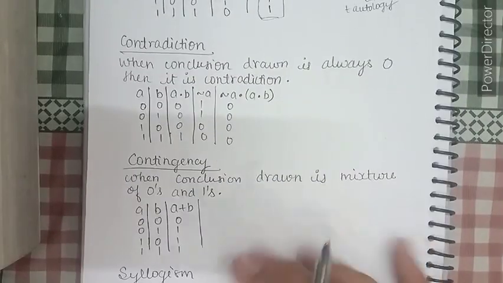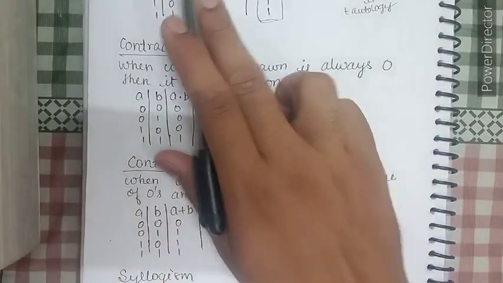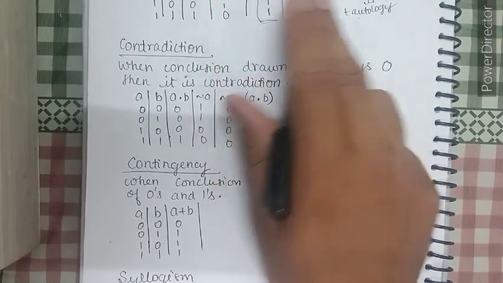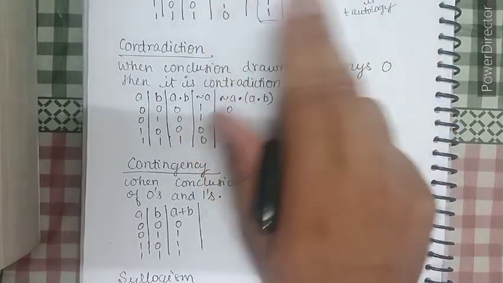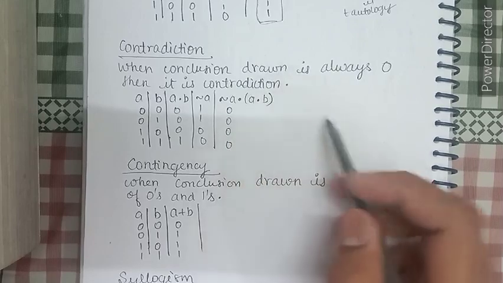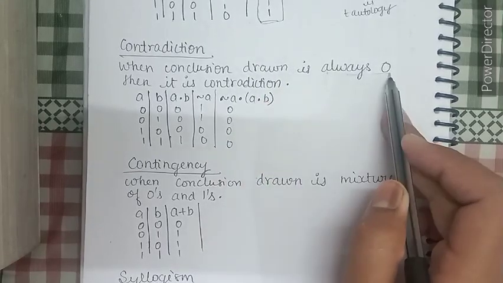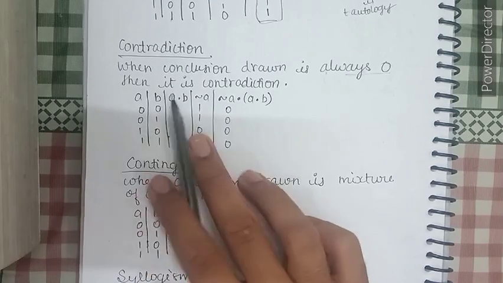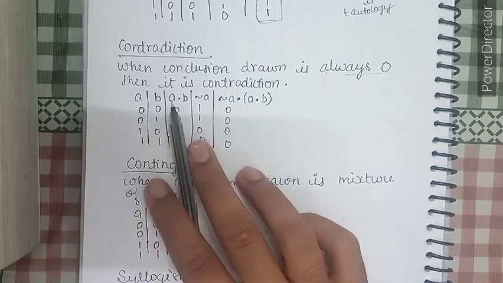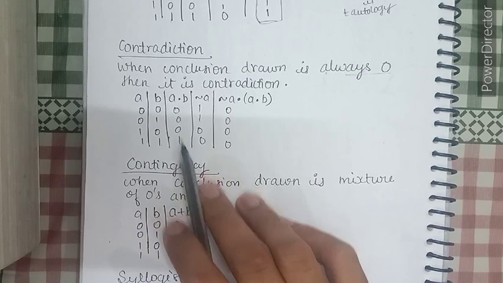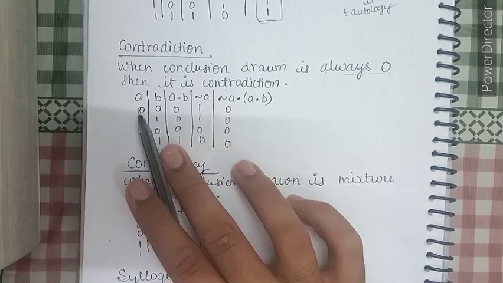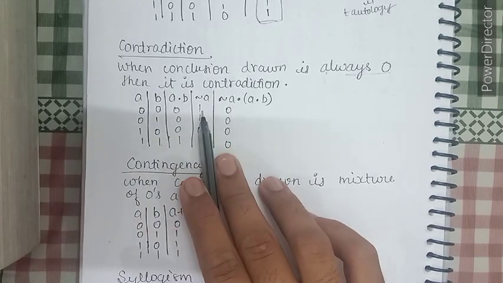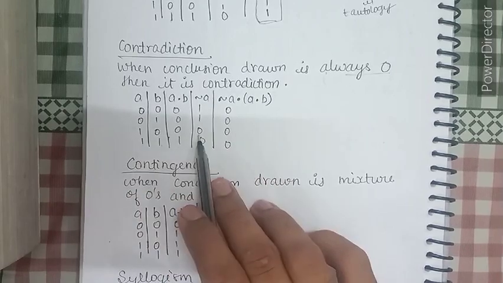Next is contradiction. We have seen that when the conclusion drawn is always 1, it is a tautology, and when we get the conclusion as 0 always, it is a contradiction. Like A is 0 0 1 1 and B is 0 1 0 1. A dot B will be 0 0 0 1, and its negation, just the opposite, is 1 1 1 0.